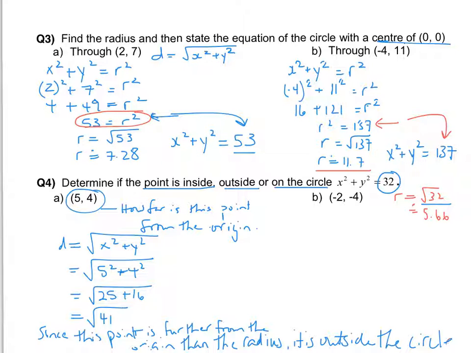I do not write well on these things. All right, and then you could try that for the next one. Get your distance, and then compare it to the square root of 32 and decide if it's outside, inside, or on the circle.